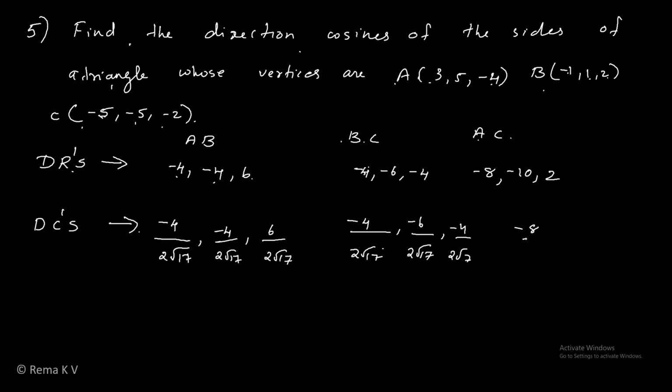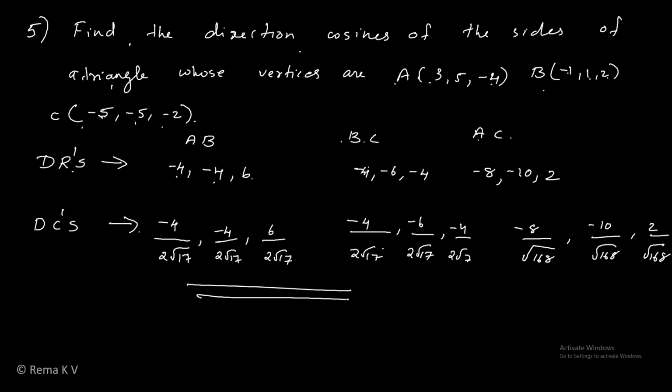Here for AC it is minus 8 by root 168, minus 10 by root 168, and 2 by root 168. So these are the direction cosines of the three sides AB, BC and AC.